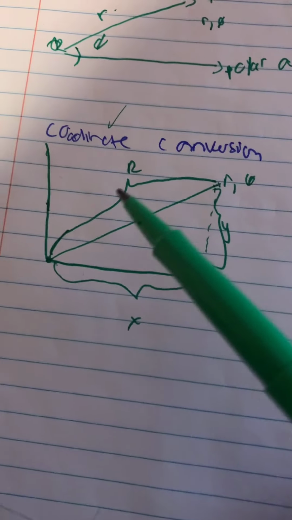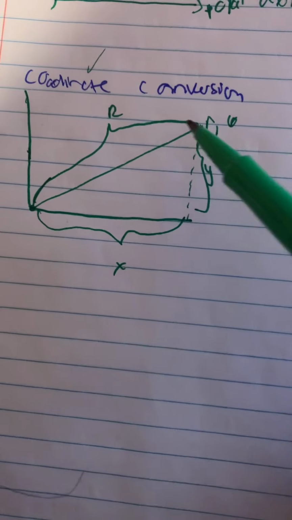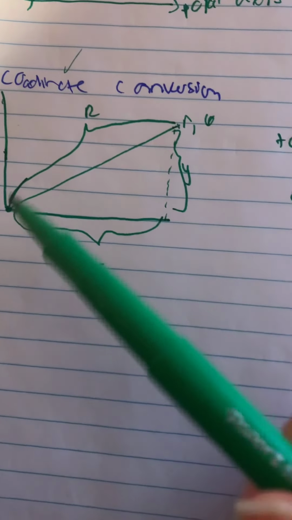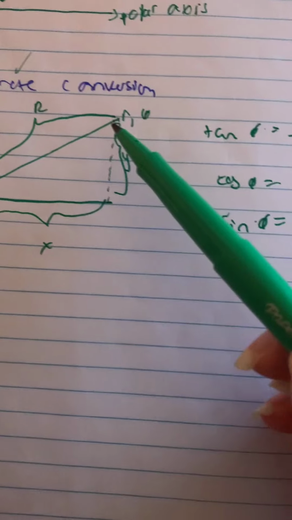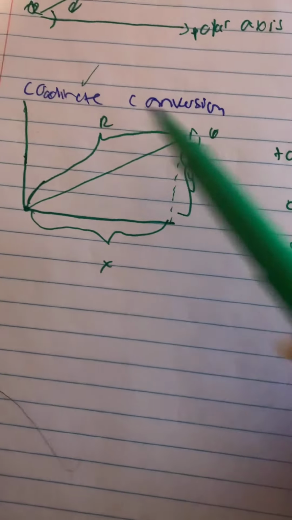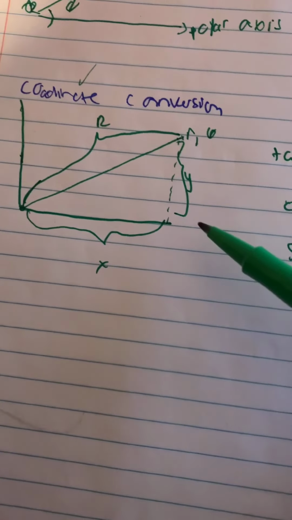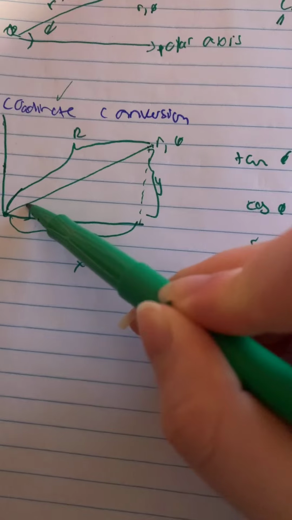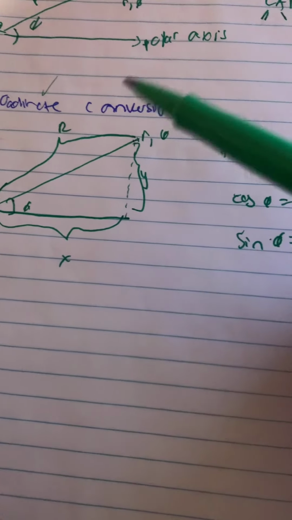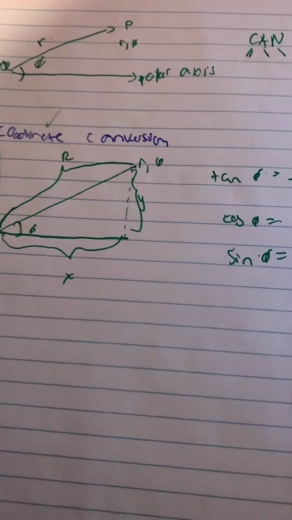Okay, let's suppose that we have this coordinate conversion, and let's suppose that this line is r, this is clearly the y, and this is clearly the x. And then this right here is theta. So how do we move back and forth?